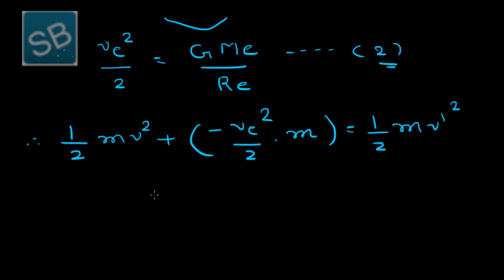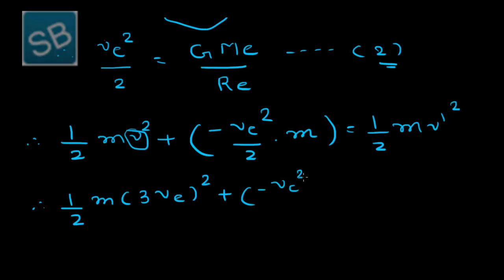Now we have the value of small v is equal to 3 times VE. Therefore half m into 3 times VE whole square plus minus VE square m by 2 is equal to 1 by 2 m v dash square.